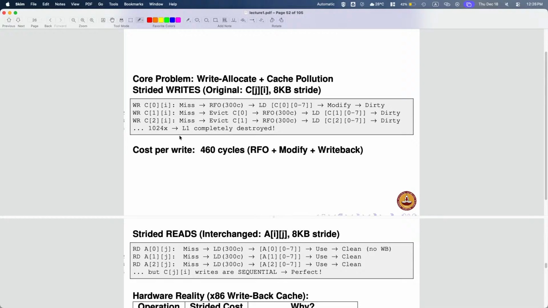Could be. I mean, at some point we have to evict them. Sure. Whenever we evict, see, the reason why I'm saying evict here is that I have 1024 columns. There are 1024 such writes. By the time I'm finishing, it's 1024 times the cache line. I probably have much fewer cache lines that I can store in my L1 cache.